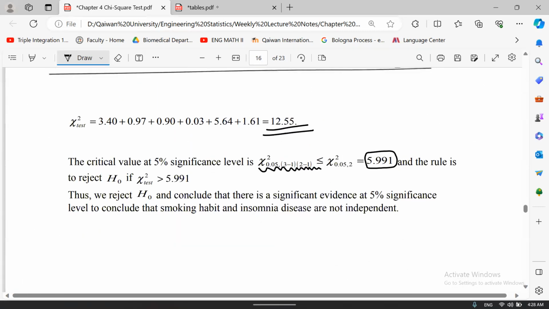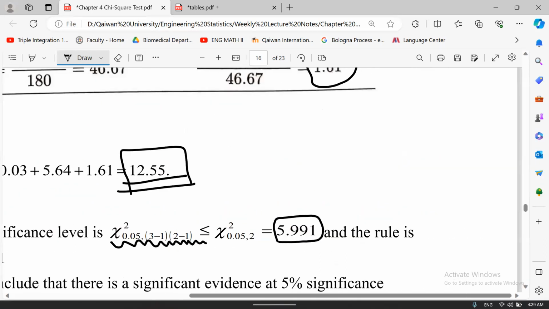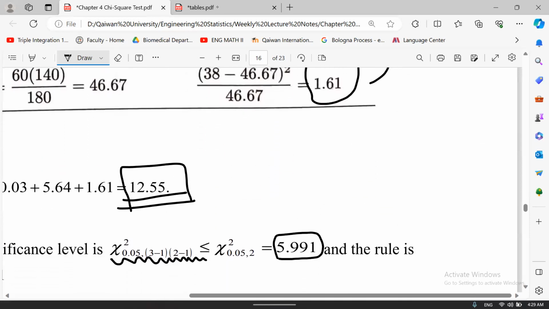Now, we already found the chi-square test, which is 12.55, the sum of these elements. And chi-square from the table is this one. We compare these. This is the chi-square test, and this is chi-squared of 0.05 and (R minus 1) times (C minus 1), which is 5.99.